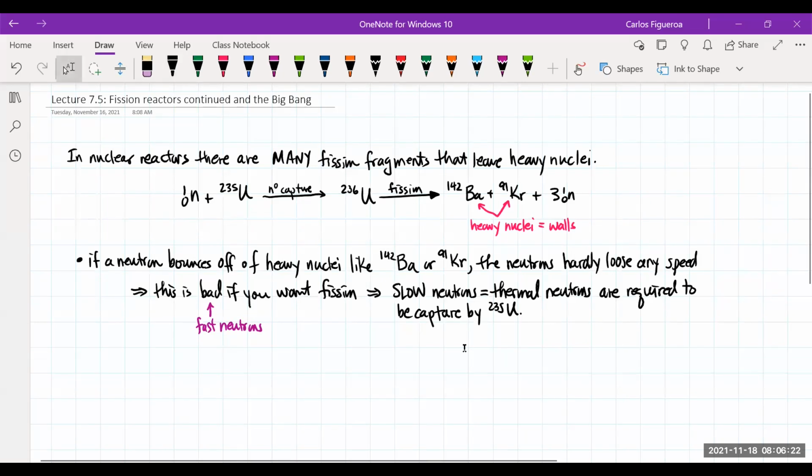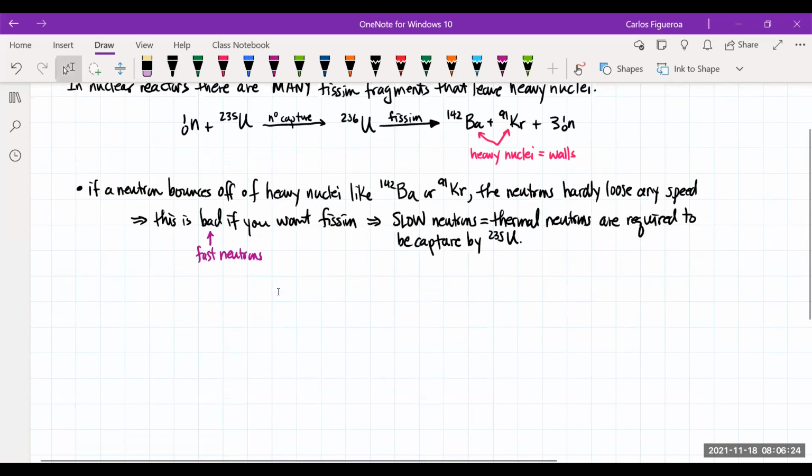Therefore, this is why they use graphite. So what we know here is that graphite, which is carbon, in fission reactors they call them moderators.